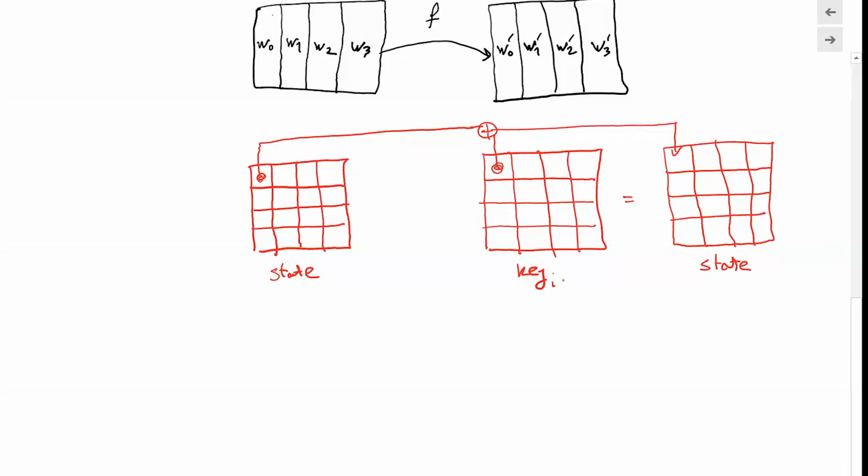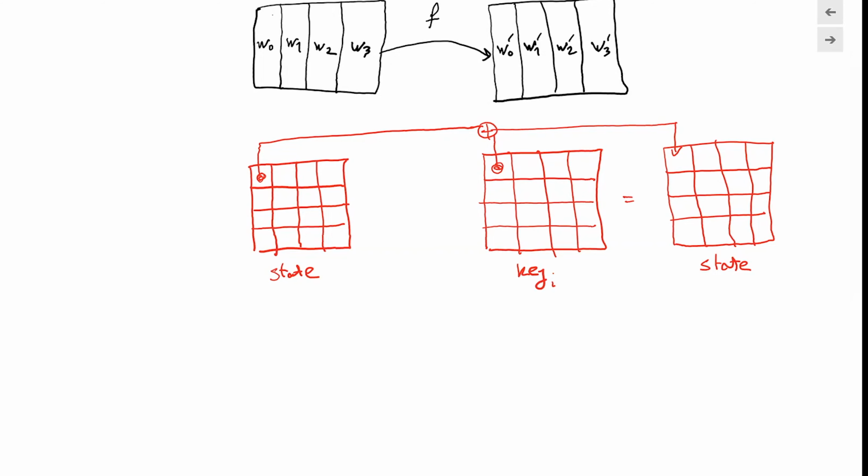We are given the round key I, and all I have to do is take the current state, apply the key, XOR it with the corresponding bytes in the round key matrix, and with that I will be able to produce the state itself. So that is one of the simplest ways that we will produce it.